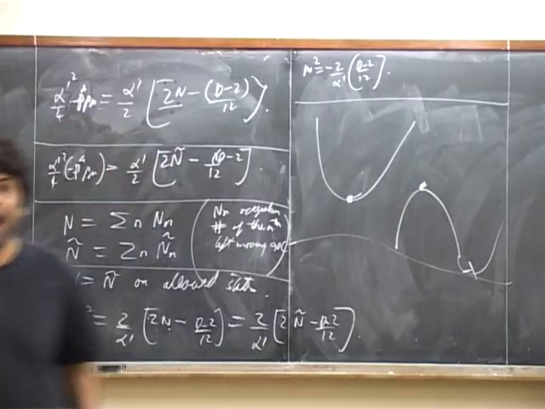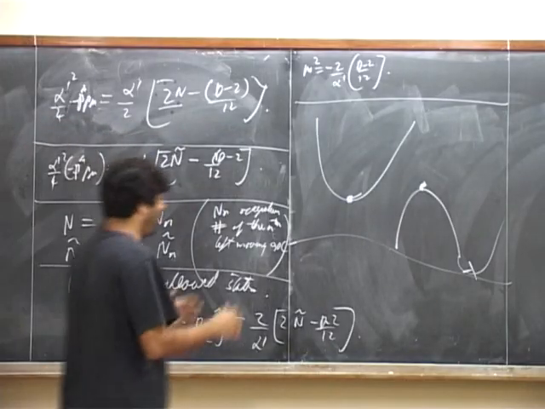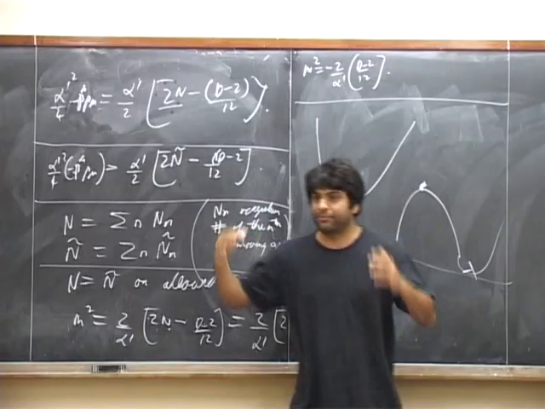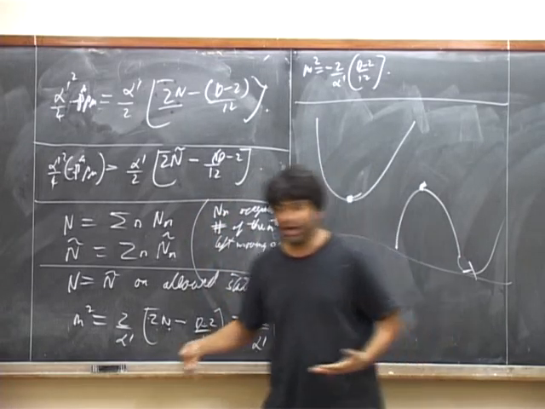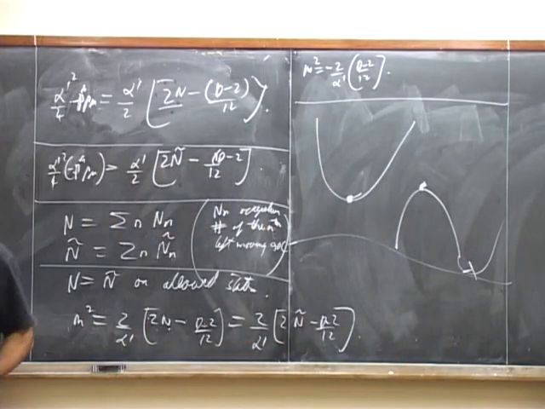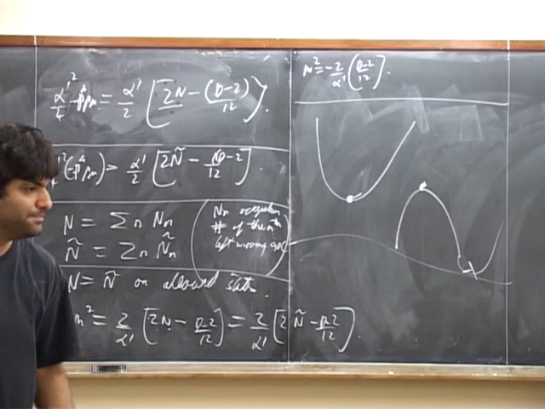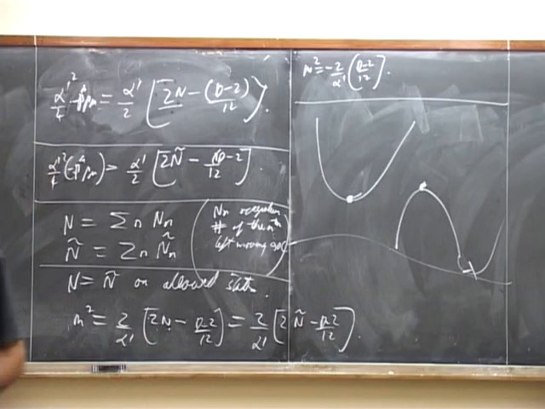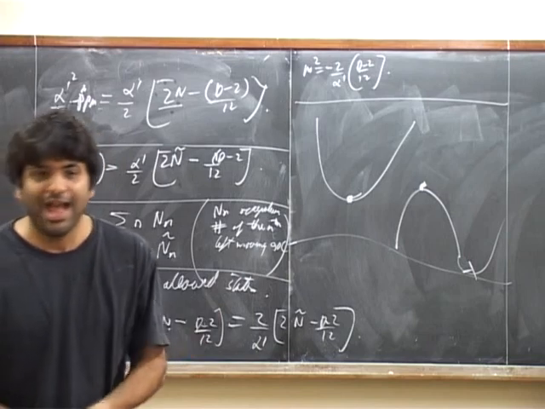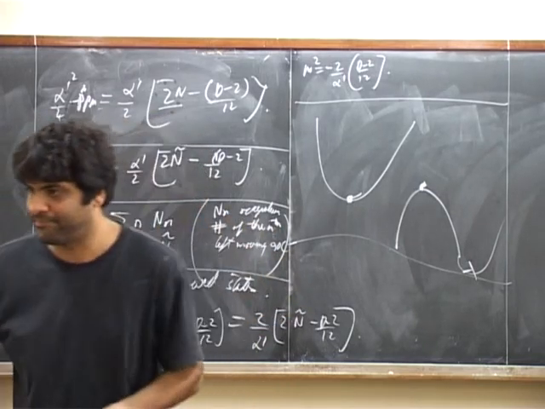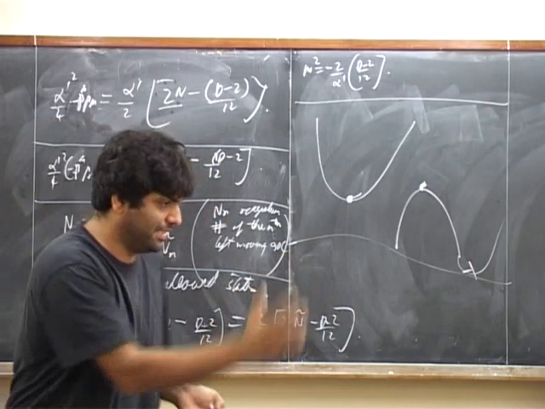Okay? However, this theory that we've understood how to quantize in class so far has not proved useful for physics so far. It's just some formal thing. However, there is another system that is very closely related to this.